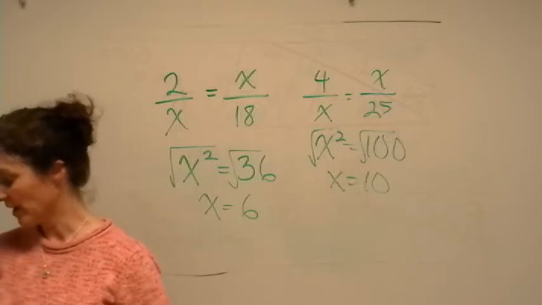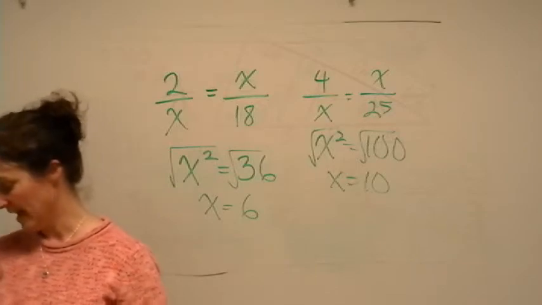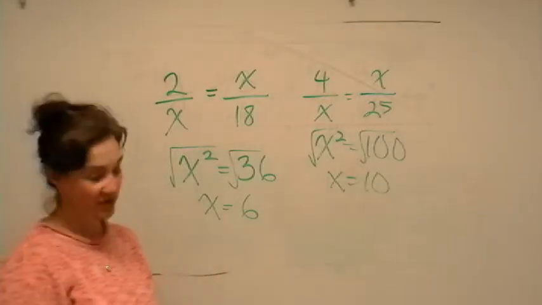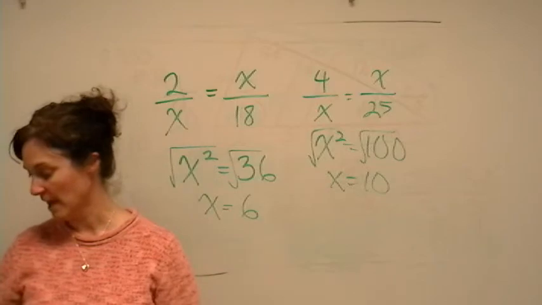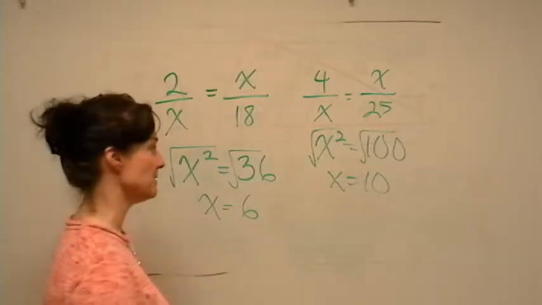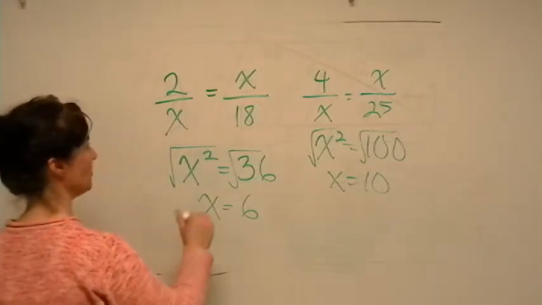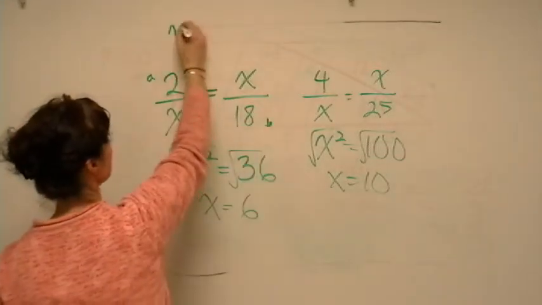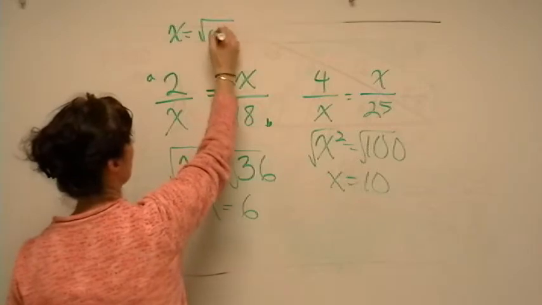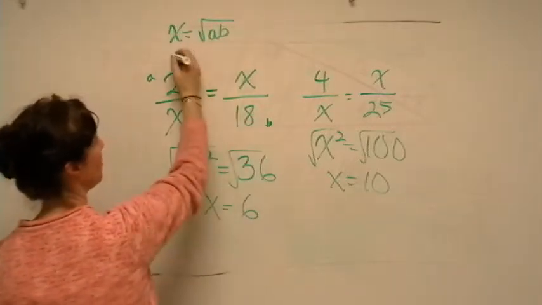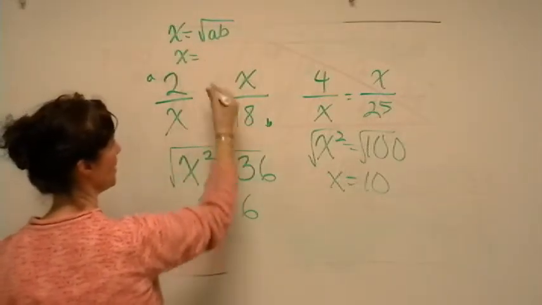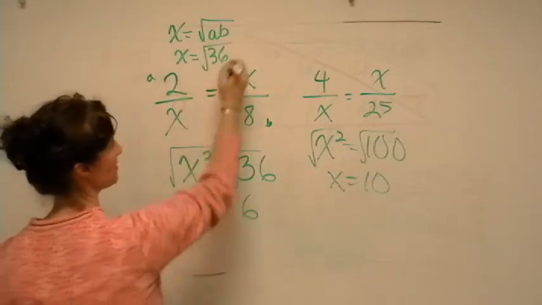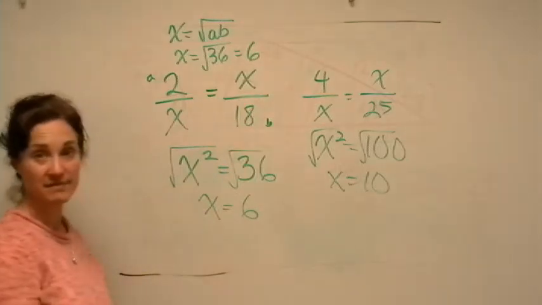So, x squared equals ab, and x is equal to the square root of ab. So a short way to do this, they've written in example number 6, x is equal to the square root of a times b. So the shortcut for this would be to say, well, this is a, and this is b, so x equals the square root of 36, because 2 times 18 is 36, or 6.